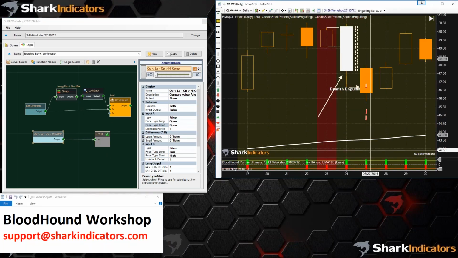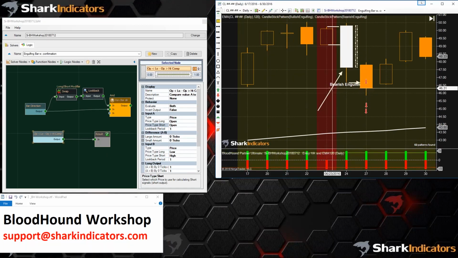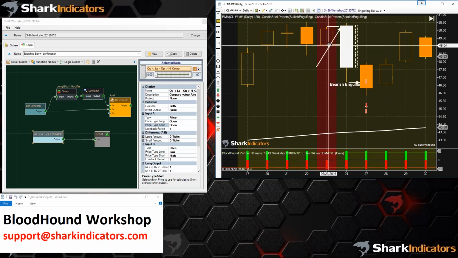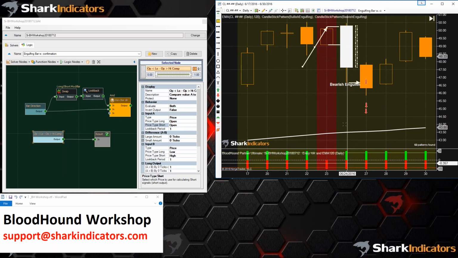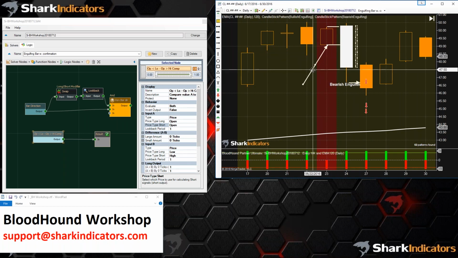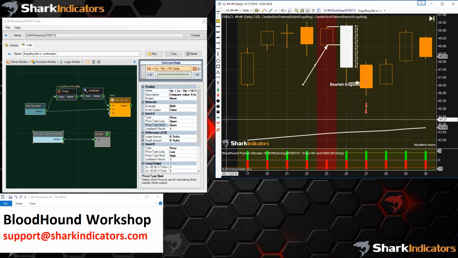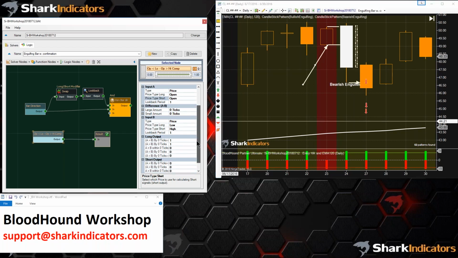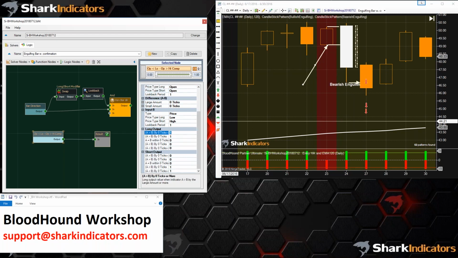So let's take a look at BloodHound's output. So the open is greater than the high, and we are getting a short output. But also the open is, let's see, is it less than the low? It is not. So let's see here. I need to reverse my outputs here.